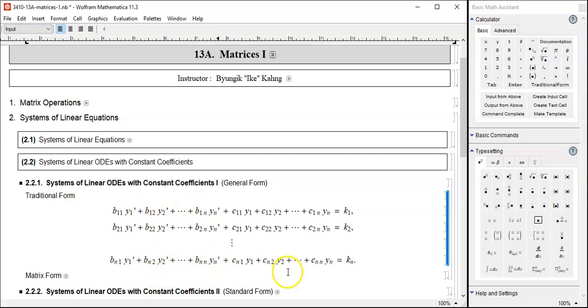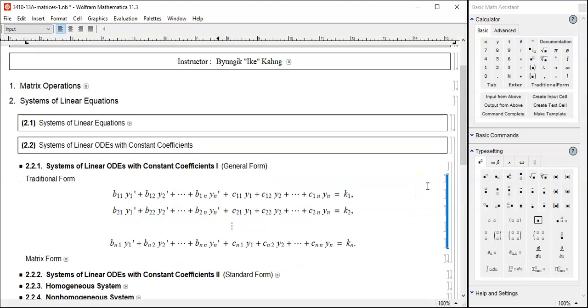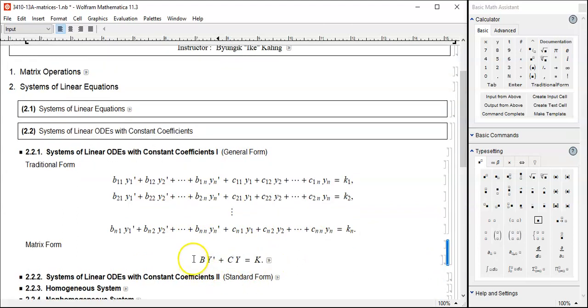And the functions y1 through yn, the n original functions, or zero derivatives. And then the right-hand side, k1 through kn. That's the traditional form, and if you use matrix expression, you can rewrite this thing like this: B y prime plus C y is equal to k.